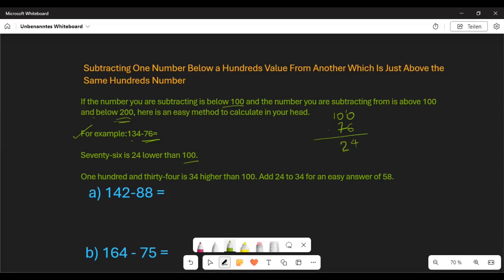That's a quick way of subtracting numbers, and this is a tool we're going to use a lot here. When you subtract and you get 24, you just add 24 to this 34, and you're done. Let's see how that manifests.